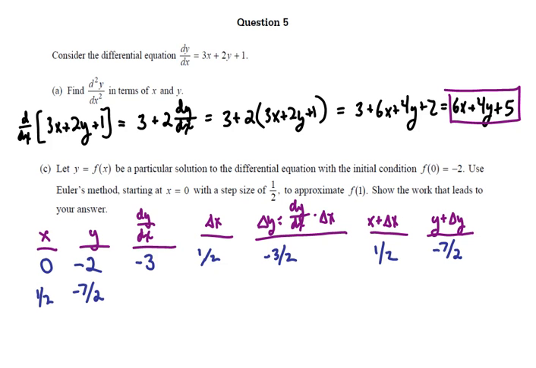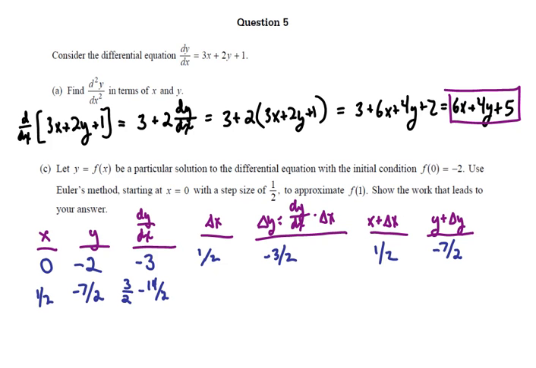Now we're going to plug these values in. When x is 1/2, 3x is 3/2. And 2 times negative 7/2 is negative 7, or negative 14/2. That gives negative 11/2. Multiplying that by 1/2, or we have a delta x of 1/2 still. So I'm going to back up just a second.